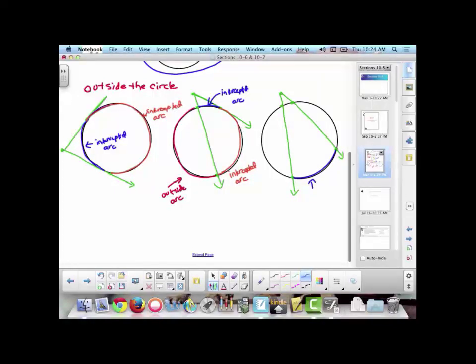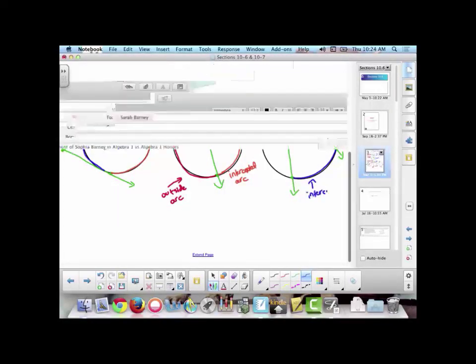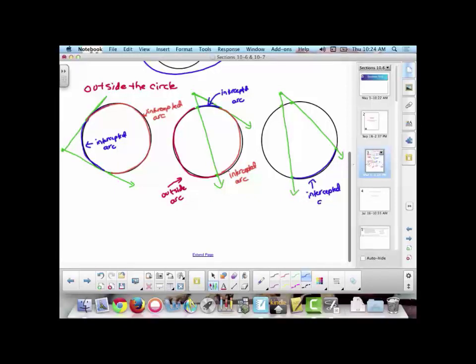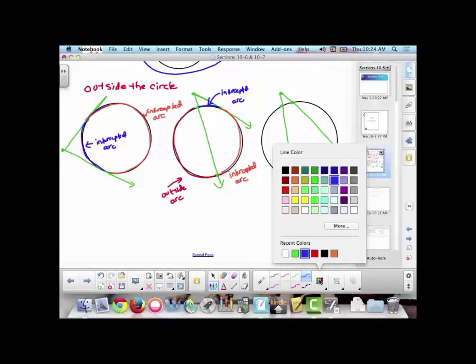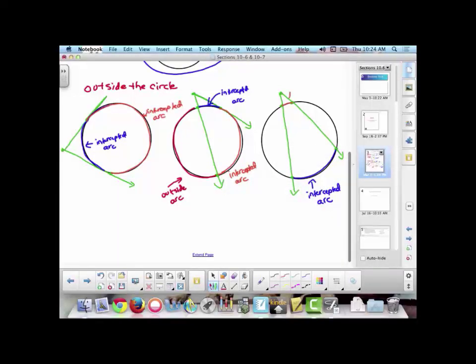These two are the intercepted arcs. And these two are outside arcs.